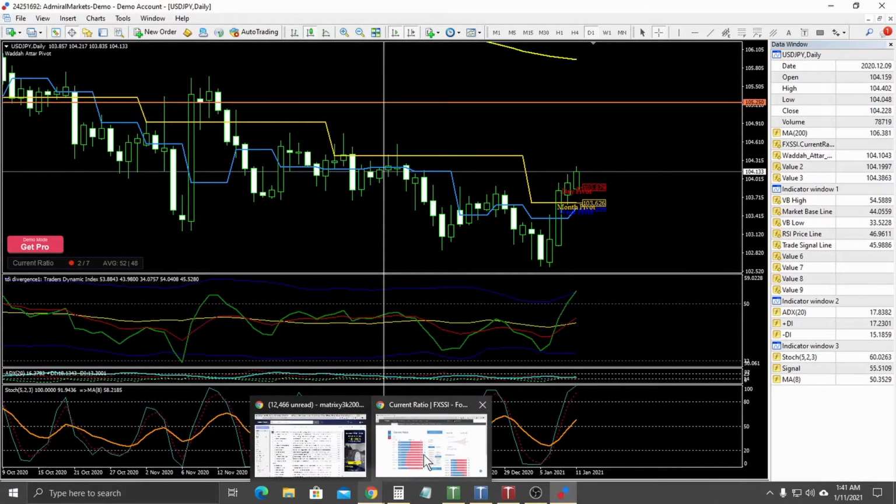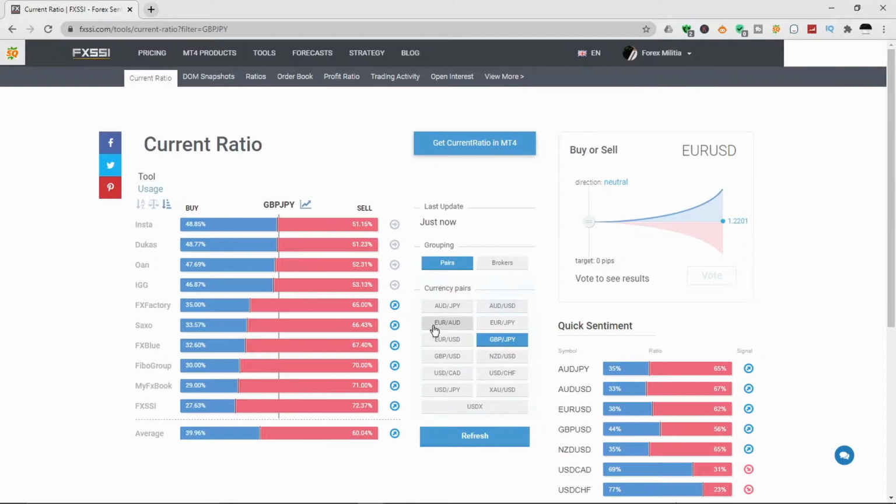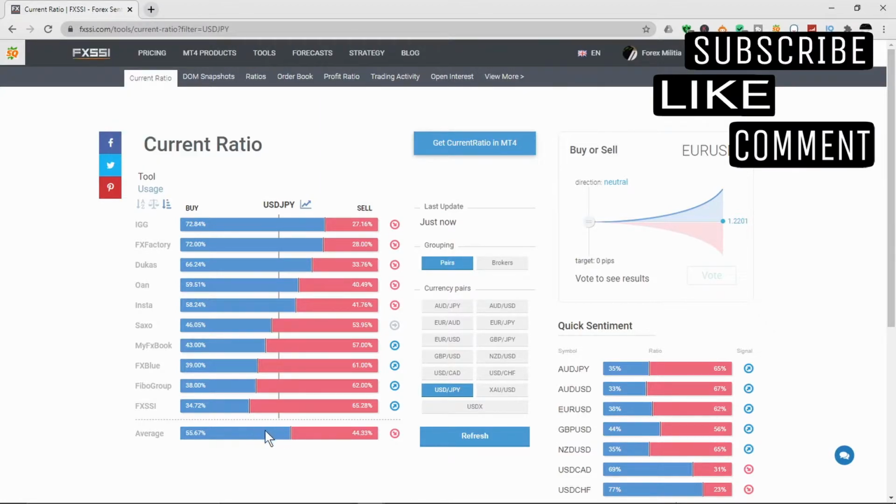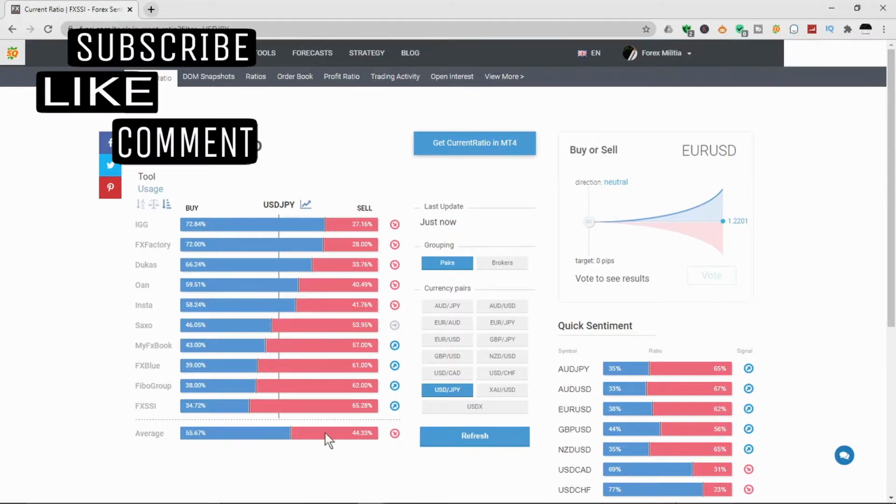So let's take a look at what it looks like on sentiment. It's basically 50-50, right? It's basically flat. This is saying short, but this is not that 60-40 cut. That's that 60-40 split. So this is pretty flat.